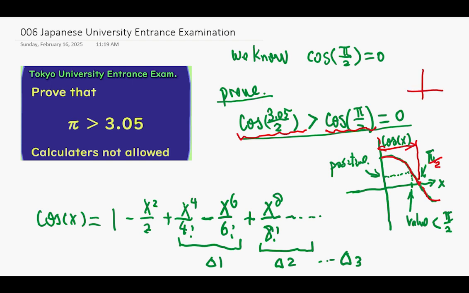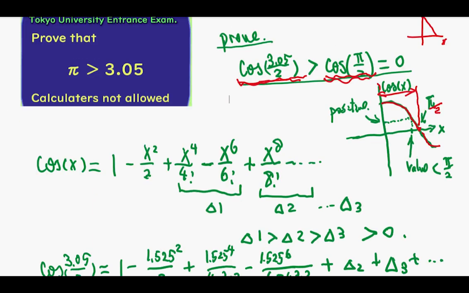When the function is like this, a larger x gives a smaller value, right? So this is what we are going to prove. And the simplest way is to use the series.